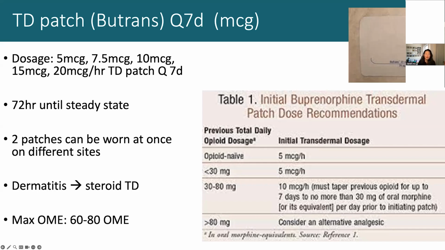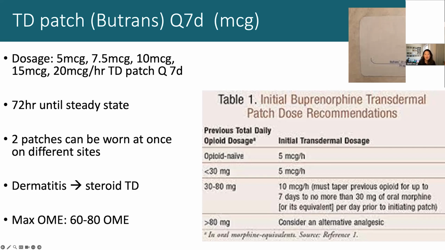And so, you know, to start, 10 micrograms an hour, which you can do, or 20 micrograms an hour, which you can do regardless of what the patient might be taking full agonist wise, you might follow what these recommendations are. I'll say, offhand, in a hand-wavy kind of guidance, which is why it's not written down, some people feel like the OME equivalence between a transdermal patch formulation and full agonist is like 1 microgram per hour to 2 OME.